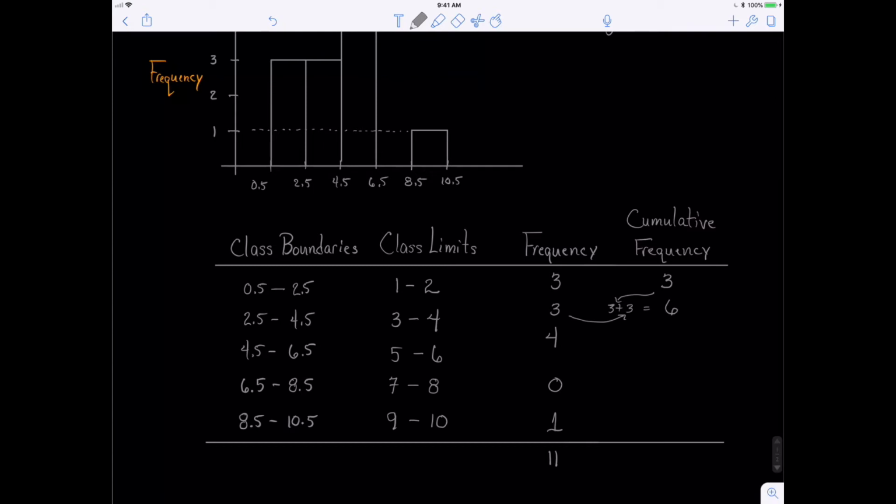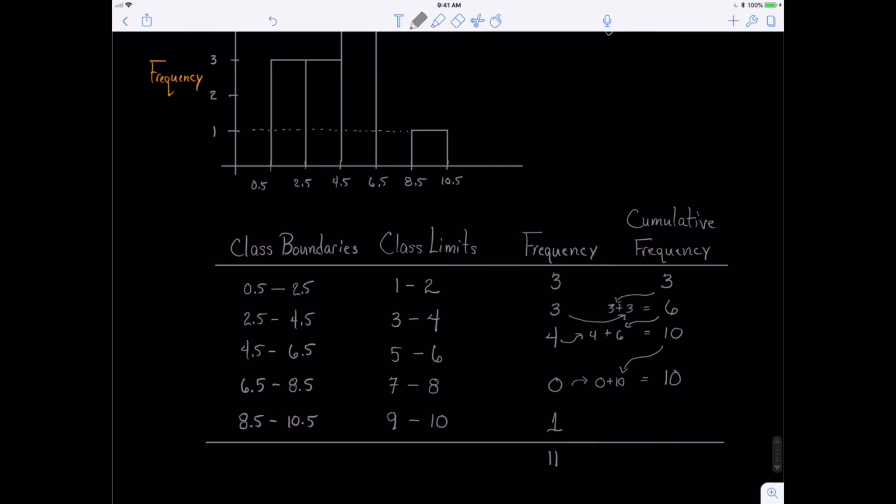Now when I look into the next group of data, I've already looked at the first 2 classes. Those had 6 data values in them, plus I need to add the 4 in this next group. So now my cumulative frequency is 4 plus 6, which is 10. Then in the next class there were 0 data values, plus the 10 I've already looked at, so the cumulative frequency is still 10.